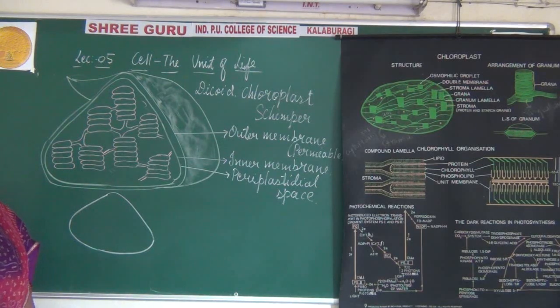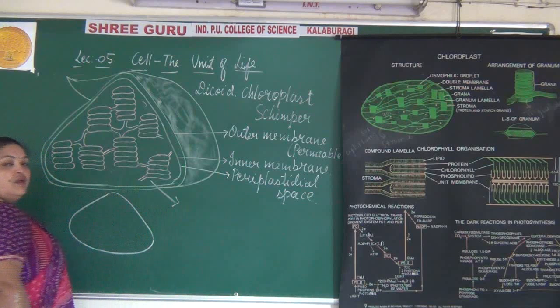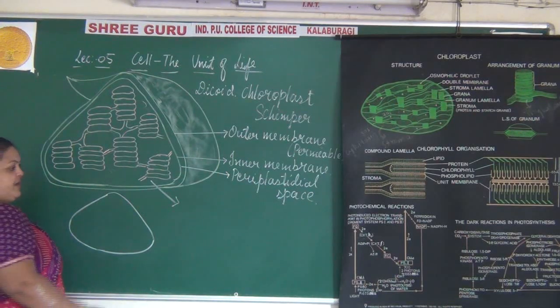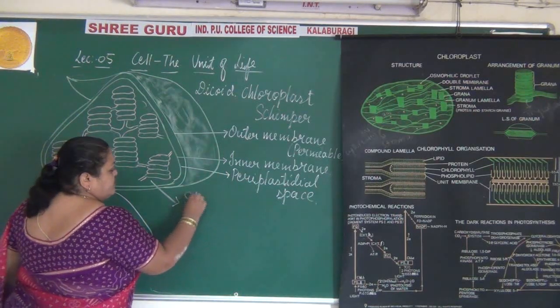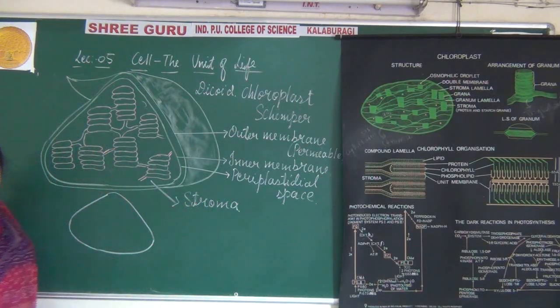It encloses two main components. This fluid proteinaceous component is known as the stroma.